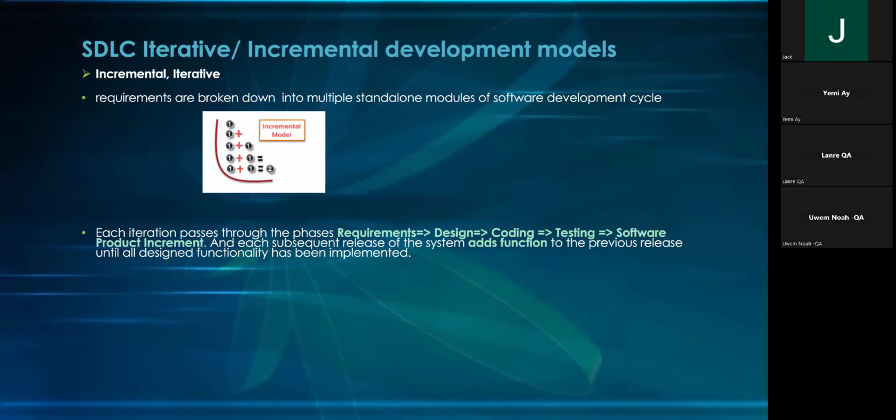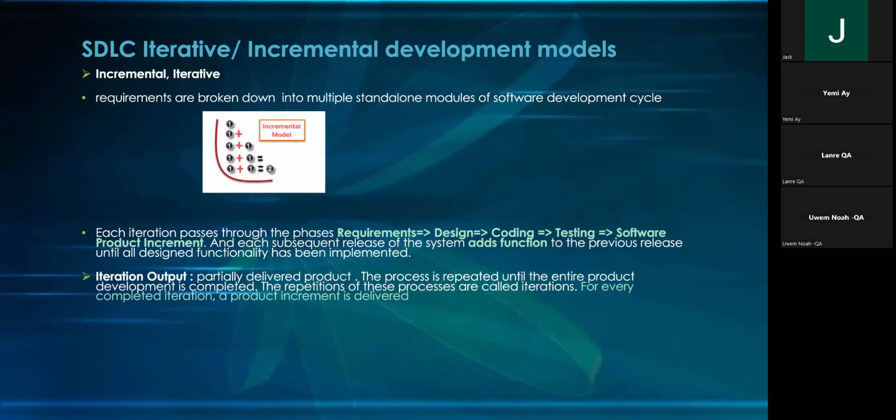We are free. Everybody is happy, customer is happy, we are happy. We'll pick up the next thing. And each subsequent release of the system adds function to the previous release until all design functionalities are being implemented. Iteration output, partially delivered products.